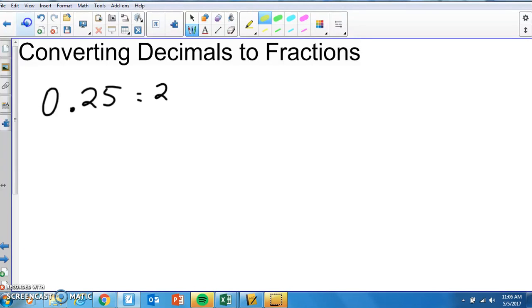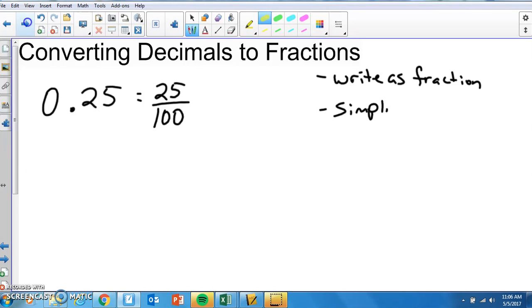Now write that as a fraction. 25 hundredths. So, we're going to write it as a fraction. And then, of course, we always simplify if possible.